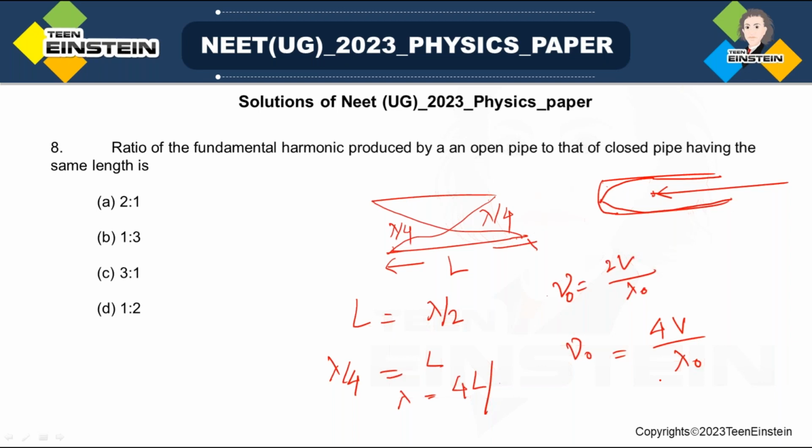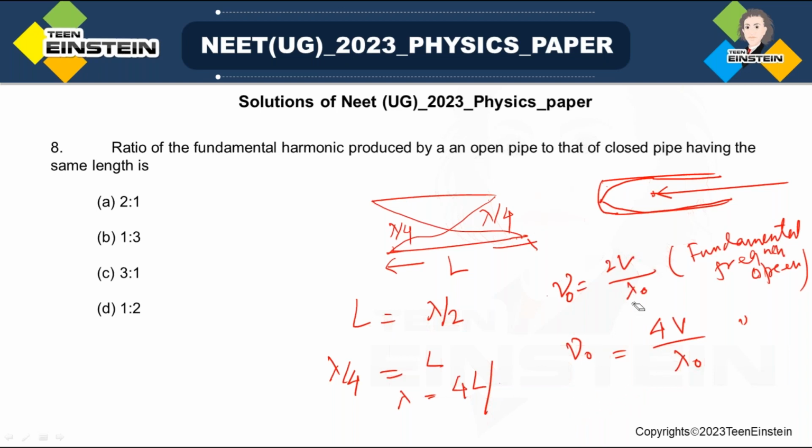Okay. Now if we take the ratio of these frequencies, this is the fundamental frequency or fundamental harmonics of the open pipe, and this is the fundamental for closed pipe. So now we have to take the ratio.